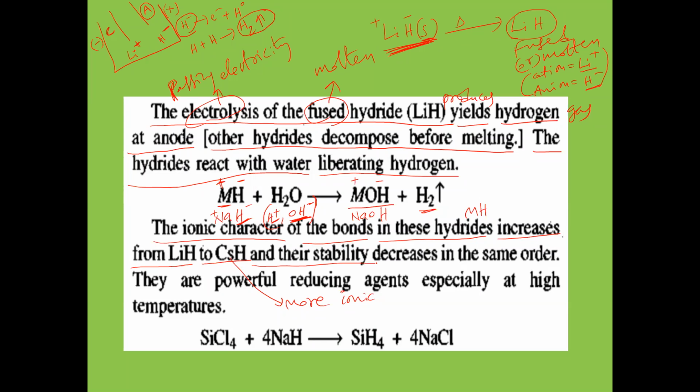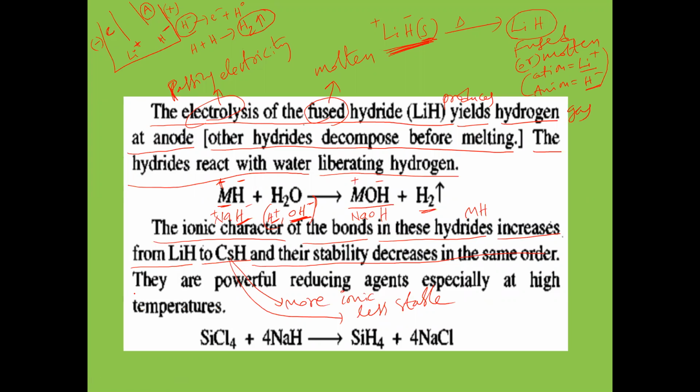Their stability decreases in the same order. Cesium hydride is more ionic but less stable. Stability decreases from lithium to cesium hydride, whereas ionic nature increases from lithium hydride to cesium hydride.